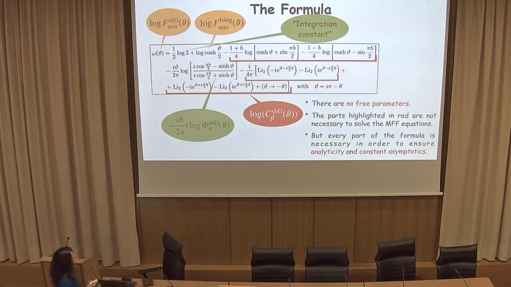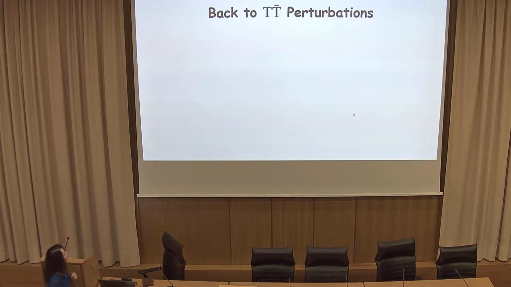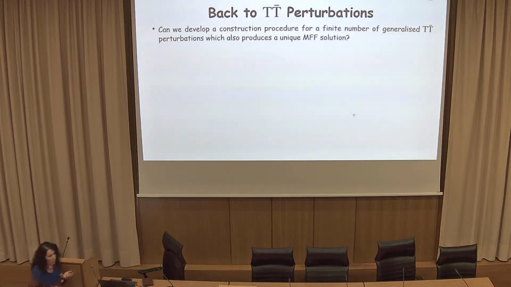But also, this formula has constant asymptotics. And nice asymptotics is also an important part of the program because these functions are part of the form factors. The form factors go into correlation functions. You often want to integrate, so you want things that don't diverge, don't have strange properties. So, yeah, requirements of analyticity and asymptotics allow you to fix this. Okay. So if you have TT bar perturbations, can you kind of put these to use in some way?